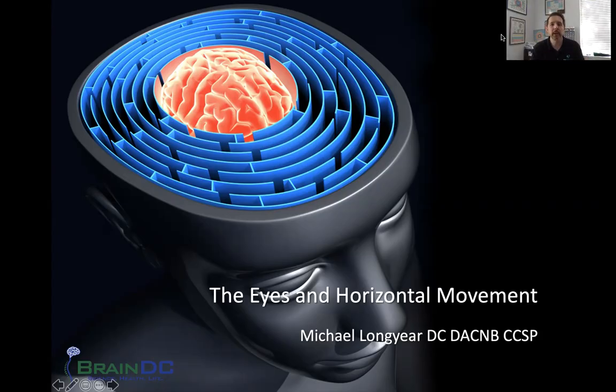So if we start this off, the eyes are an important part, and we'll cover some different slides here about why they're important. But just to introduce this thought process of lateral or horizontal eye movements versus vertical eye movements, if we look at areas of the brain that are involved, right?